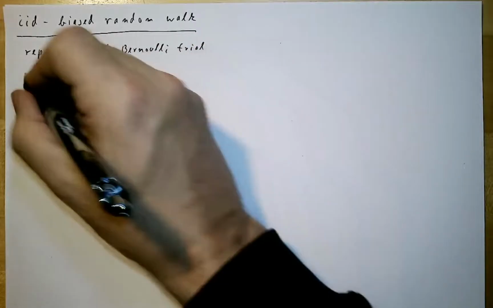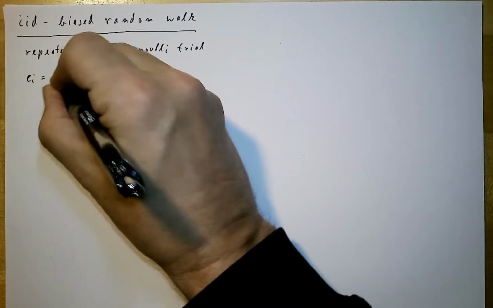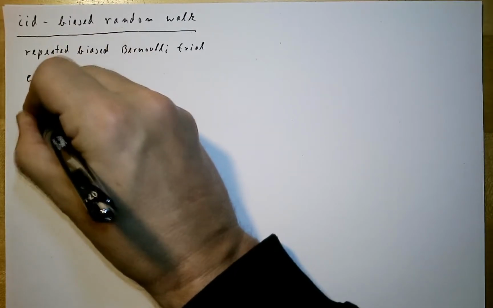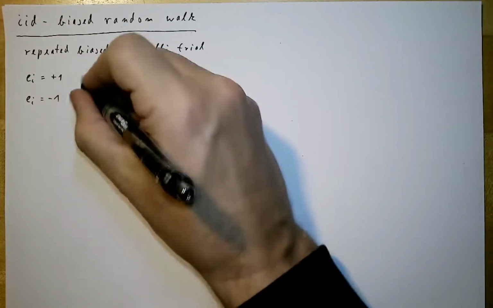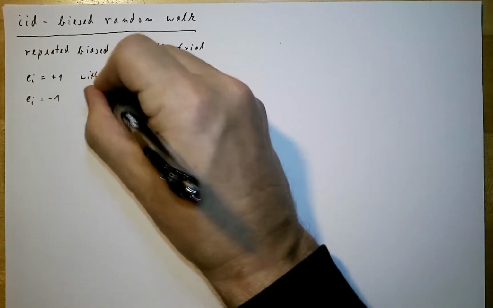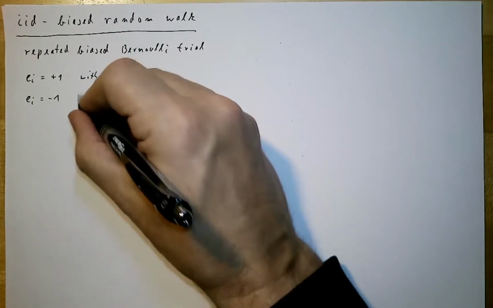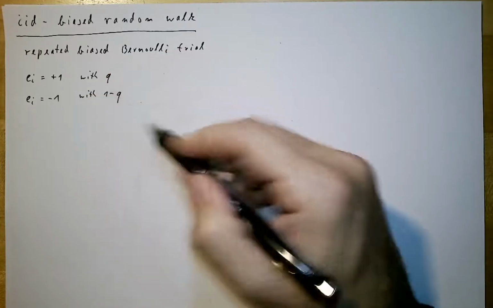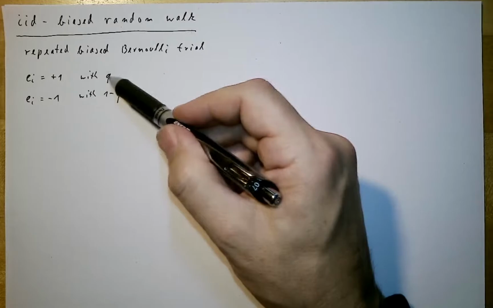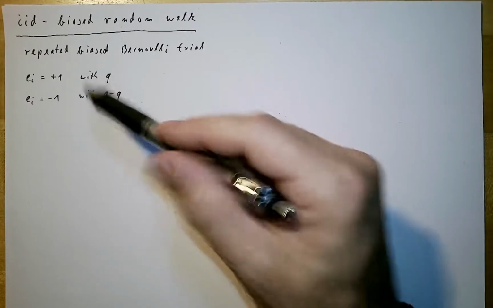So this means we have increments which are either +1 or -1. We jump to the right with a certain probability q, and we jump to the left with the probability 1 minus q. And now this q is not necessarily 1/2. So we have a biased random walk.